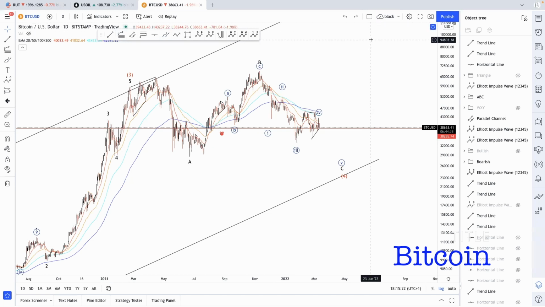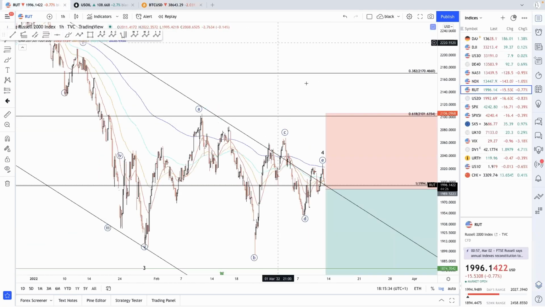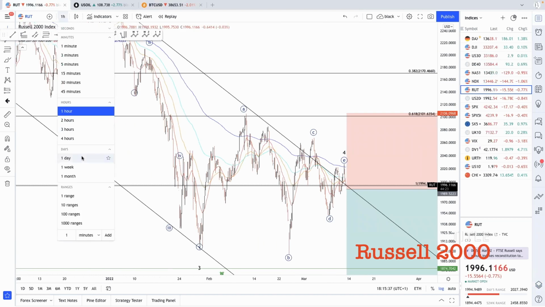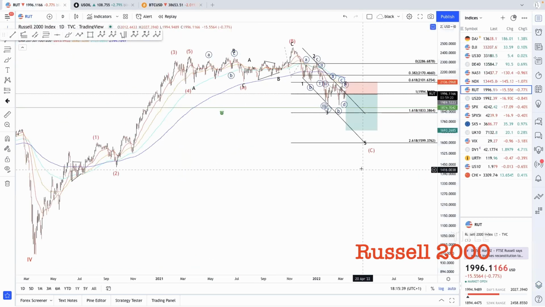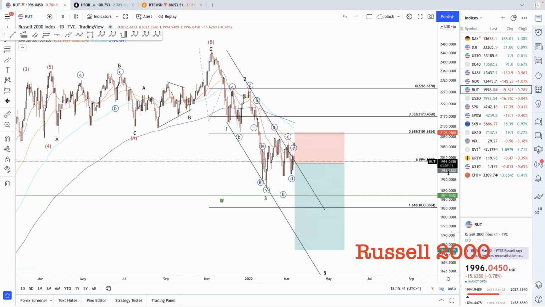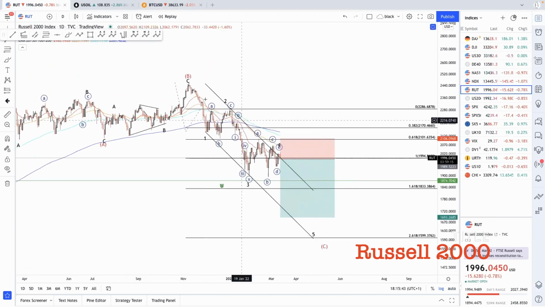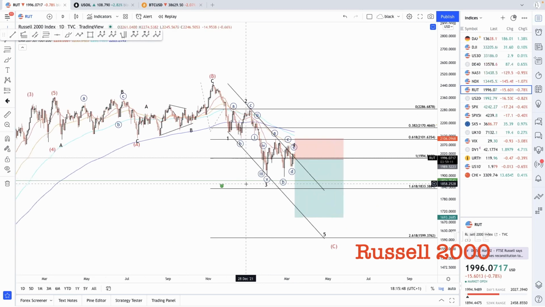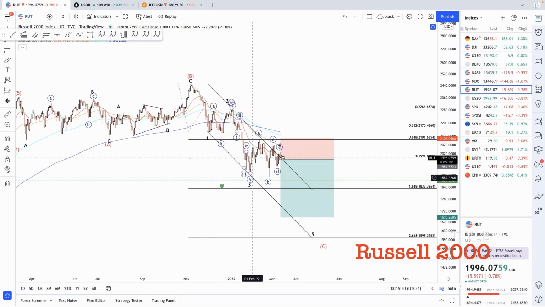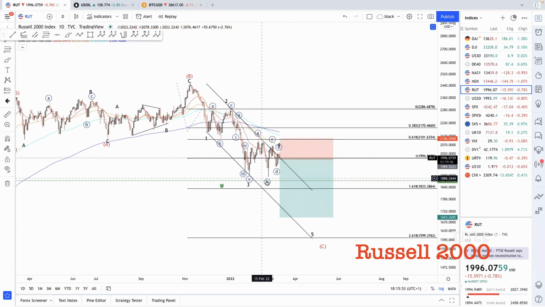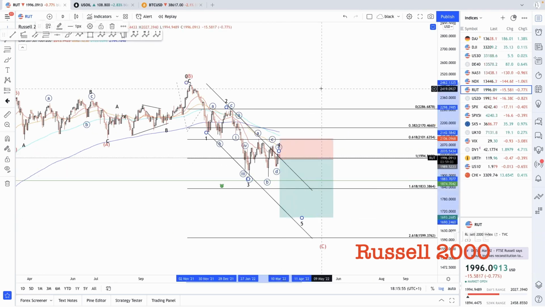Which one is it going to be? I do not know. I could lie to you and tell you it's going to be this one, or the triangle. I don't know. What I do know is that if we take a look at the Russell, for instance, which I sent as a trade idea on the Elliott Wave channel, a trade that I personally took, I have many possible counts. One of them is 1, 2, 3, triangle in 4, so now I'm trading this count for further downside.